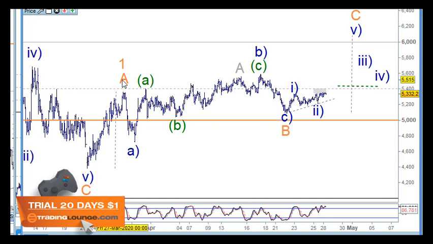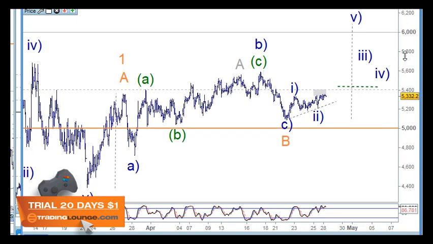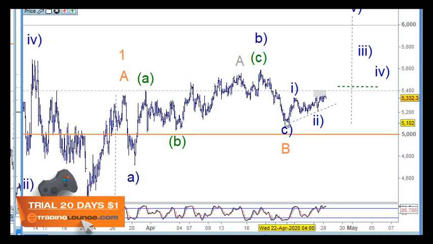So an A wave here, an A and a B and a C for the B wave here, and then we move up from this point. Now, the thing here though is that from that high to this low here, the 5,400 is the 61.8% retracement level. So for a bullish trade to take place, we need that 5,400 as the support.